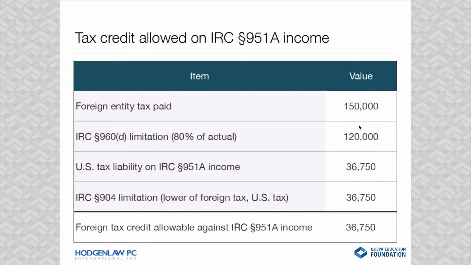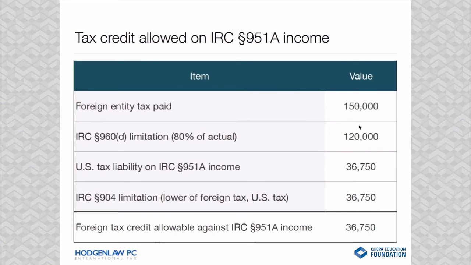And now we go down to Section 904. And you remember Section 904 says that the taxpayer gets the minimum of actual foreign tax paid or the U.S. tax liability on that income item, or technically everything in the bucket on the foreign tax credit calculation form.